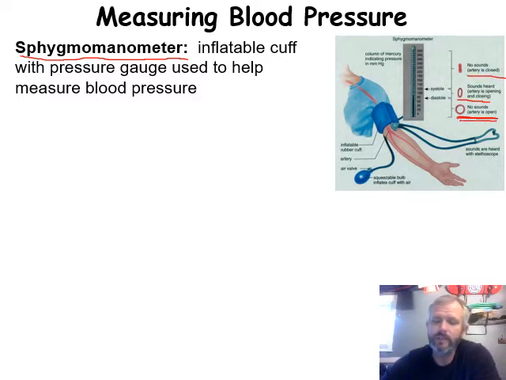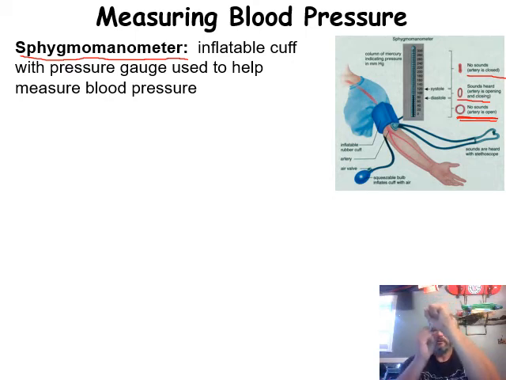Everything in between, you're going to be able to hear sounds in the stethoscope. Okay, and your artery completely closes off just above systolic blood pressure, and it completely opens just below diastolic pressure. So you can see we're going to be using these sounds to figure out where systolic and diastolic pressure are in the artery.